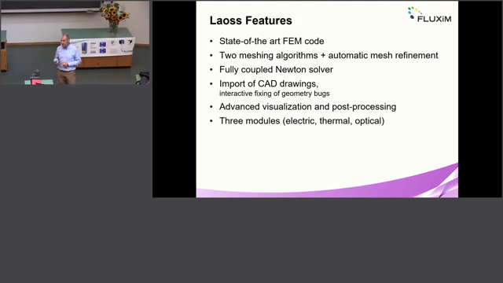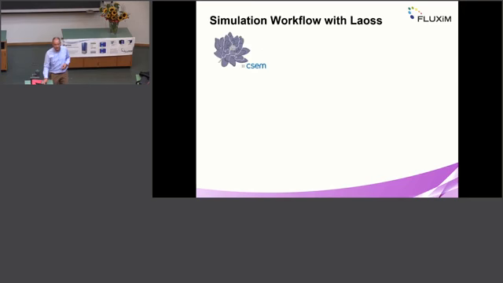And we can import CAD drawings, and you will see there's visualization and post-processing. We have these three modules. And interestingly here for meshing, a mesh refinement algorithm is also built in. So if you have a special metal grid line shape where the numerical mesh should be fine near edges, the refinement algorithm will automatically refine the mesh where needed.